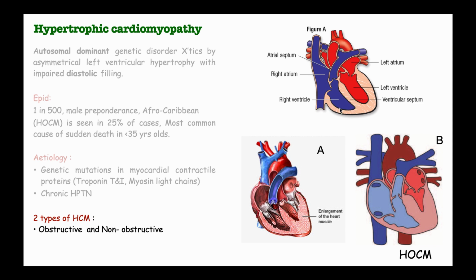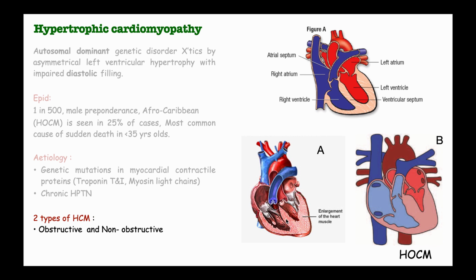When we look at the heart on the left in slide A over here, what we find is that the muscles of the left ventricle are enlarged, and this is usually seen in hypertrophic cardiomyopathy. And so when it is non-obstructive hypertrophic cardiomyopathy, this is usually how we find the heart.